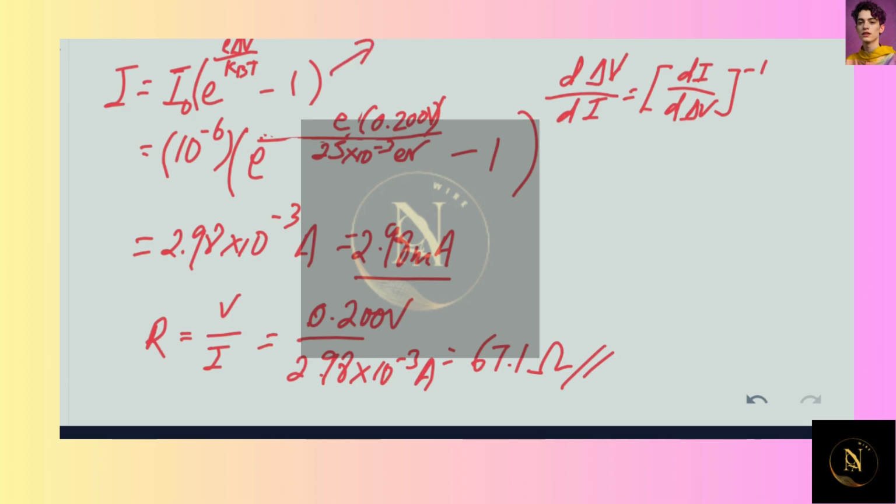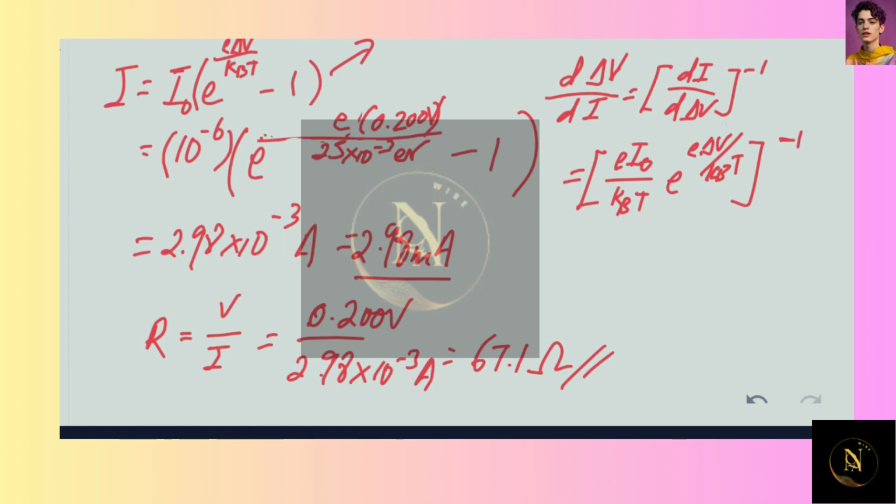So we differentiate this with respect to delta V. From here, again, we just substitute in the various values, and then we invert the entire expression.